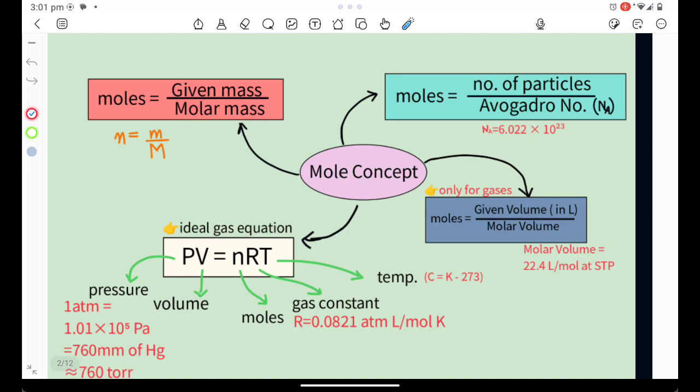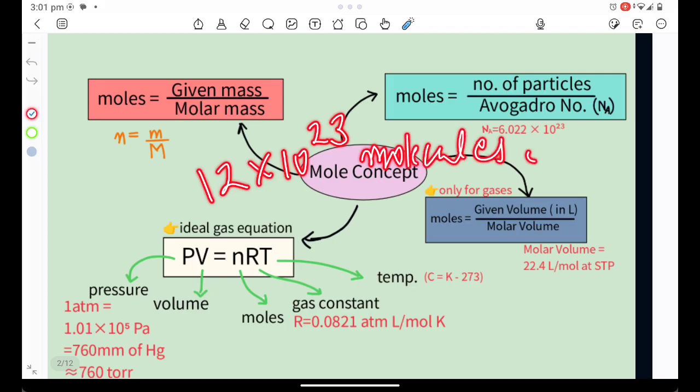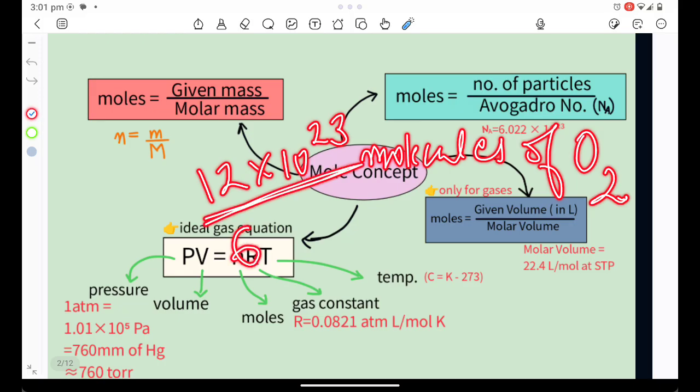as gram. Now the second way to calculate the number of moles is when the number of particles is given. For example, if you are given 12 into 10 to the power 23 molecules of oxygen, then to find the number of moles you divide this number by Avogadro's number, that is 6 into 10 to the power 23, and you get your answer as 2 mole.